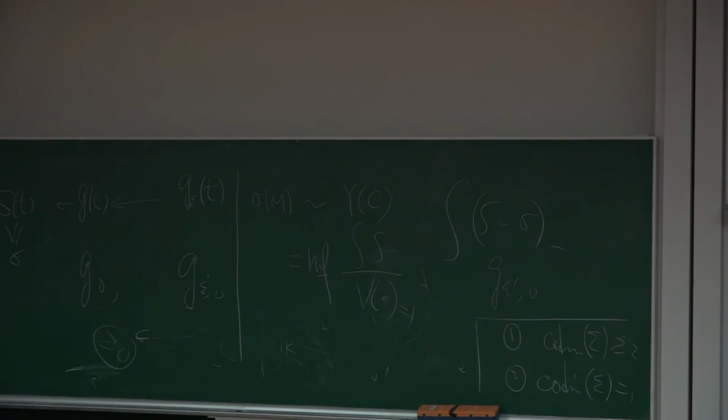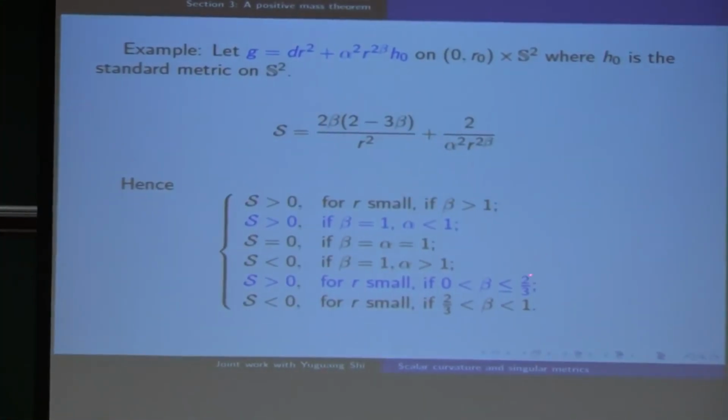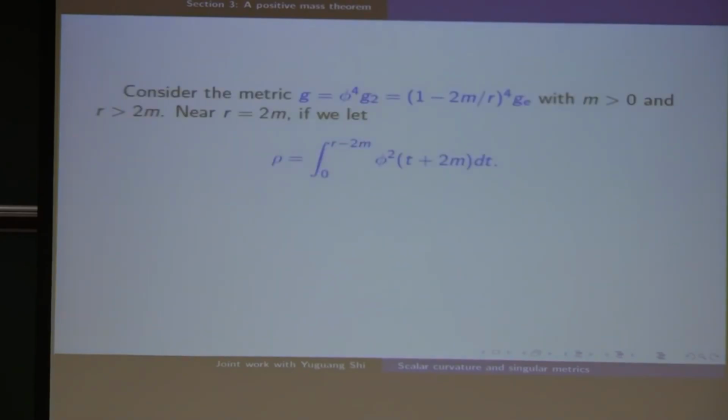If beta is less than 1, but is between 2/3, etc. Okay? So what does that mean? Because I would like to introduce another example. You just consider the Euclidean metric multiplied by this conformal factor when m is bigger than 0. Well, of course, R should be big.